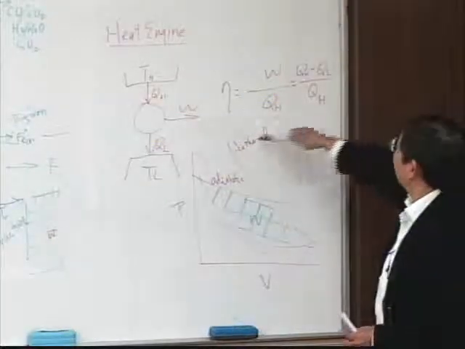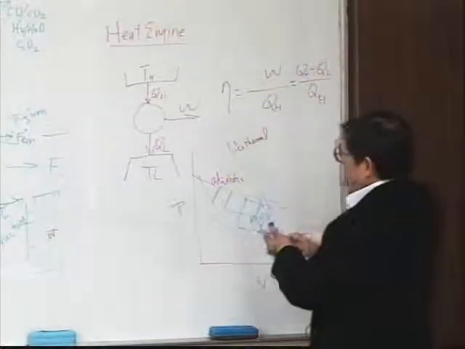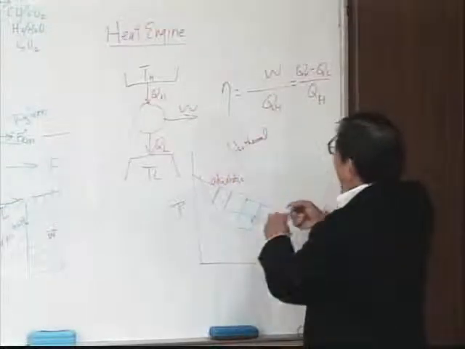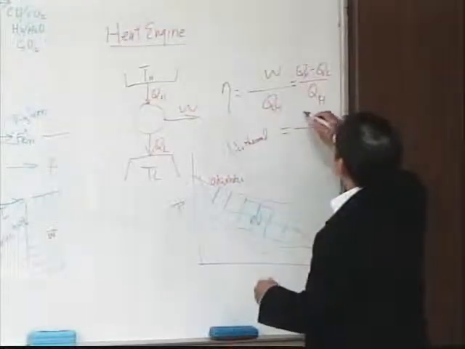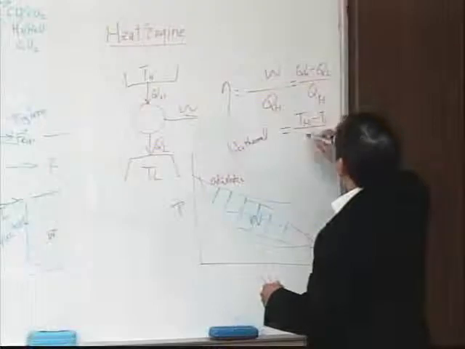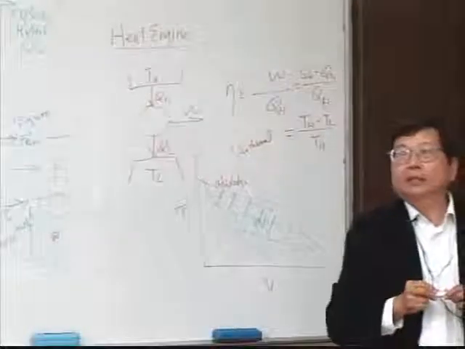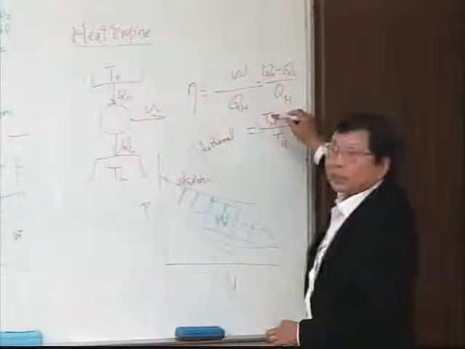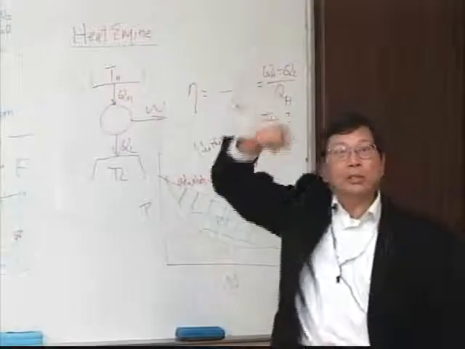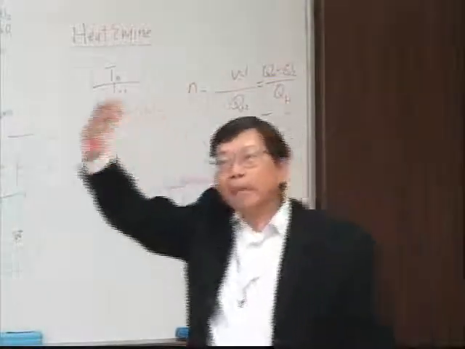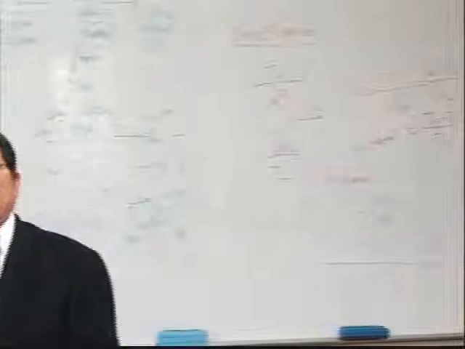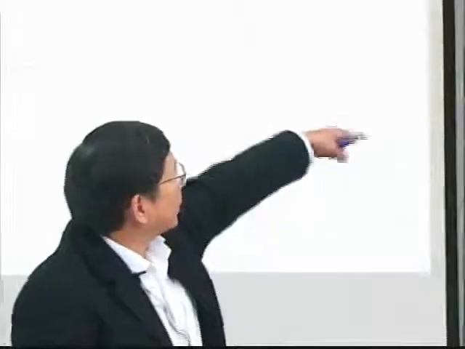Based on this, the efficiency is then related to TH minus TL over TH. If you remember that. So the higher the TH, the higher the temperature of the engine. TL is pretty much room temperature. The higher the TH, the higher the efficiency.